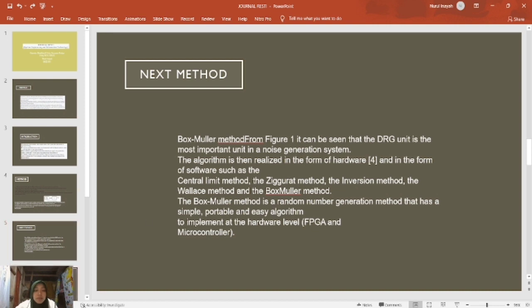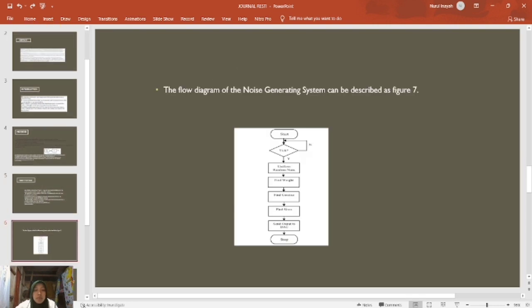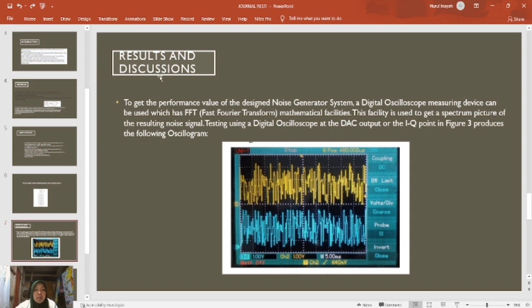Next, the flow diagram of the noise generation system can be described. You can see the picture and the flow diagram, flow chart. Next, result and discussion.